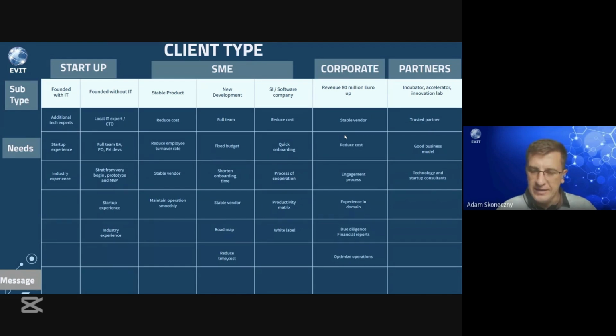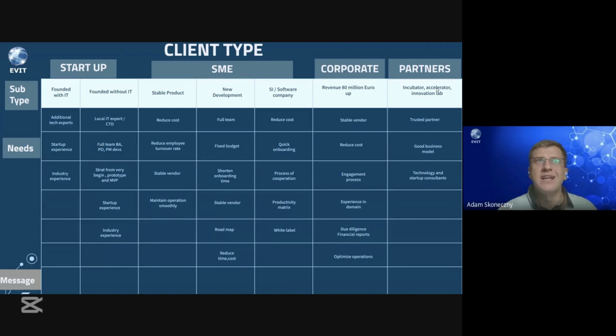They want consultants. What does that mean? Especially incubators, innovation labs, accelerators, they need support not only from development where you do what they say, but they need support for their clients who have just an idea. You need to help them create the proof of concept. You need to brainstorm with them on the idea.